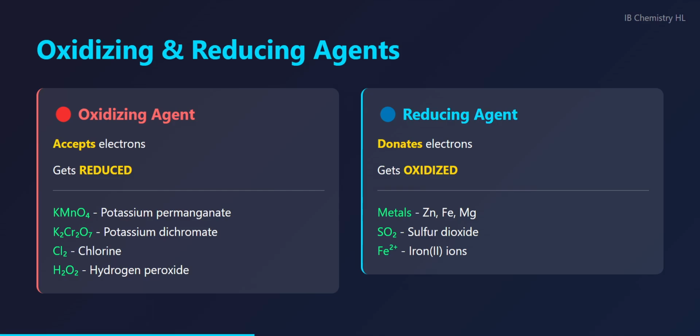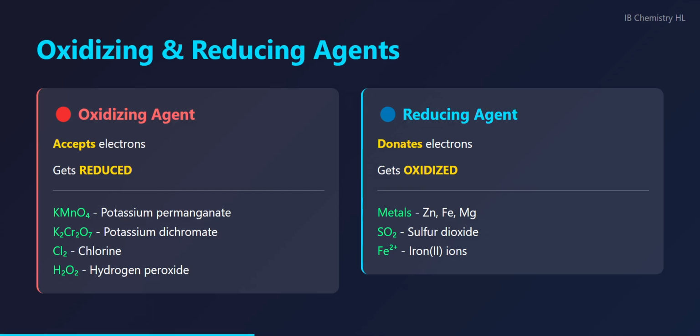An oxidizing agent, also called an oxidant, is a substance that causes oxidation by accepting electrons. It gets reduced. A reducing agent, also called a reductant, is a substance that causes reduction by donating electrons. It gets oxidized.